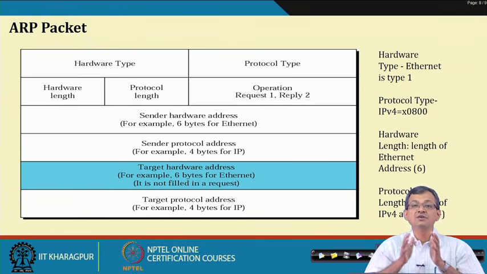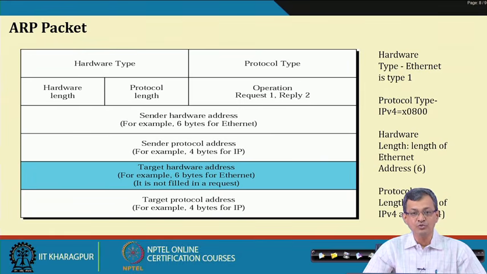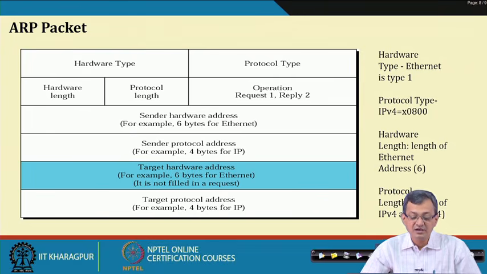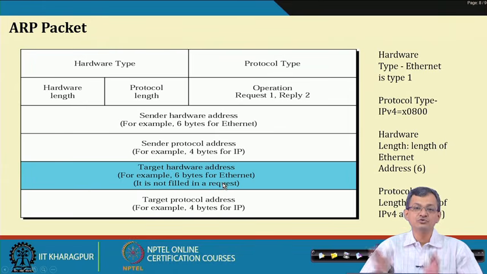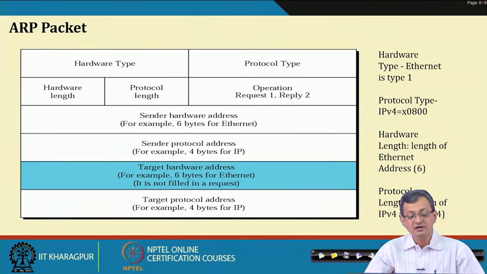But when you are sending an ARP request, the target hardware address is not known, so it is all zeros, since that is exactly what the ARP request is looking for.